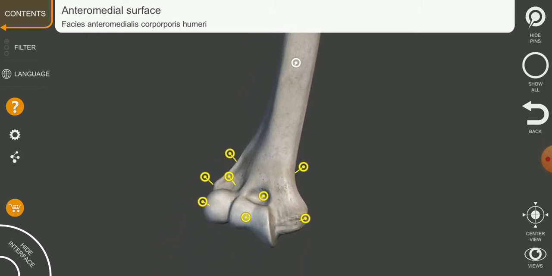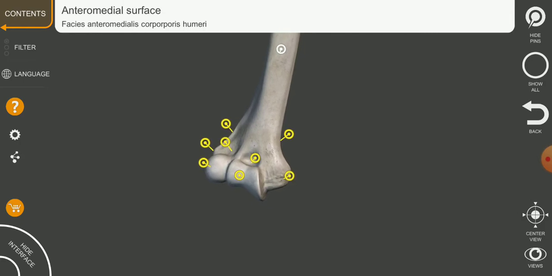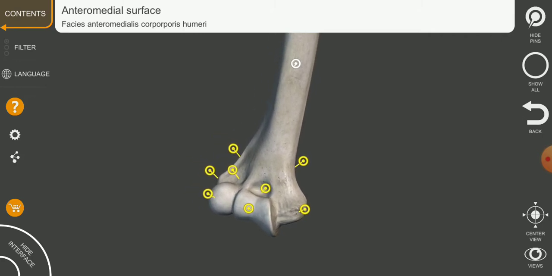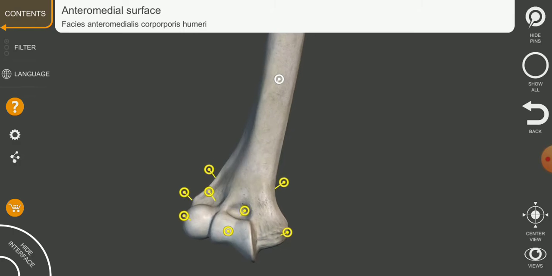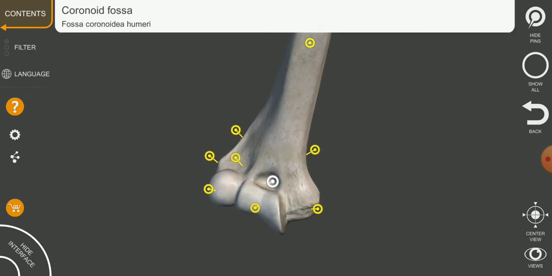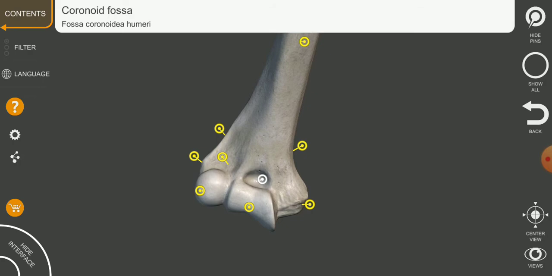Now at the lower end, the point which is near the radius and the ulna, and forms the joint with them, this area is the inferior area of the humerus bone. In front of us there is a fossa, and this fossa is called the coronoid fossa, for the ulna bone joint here.